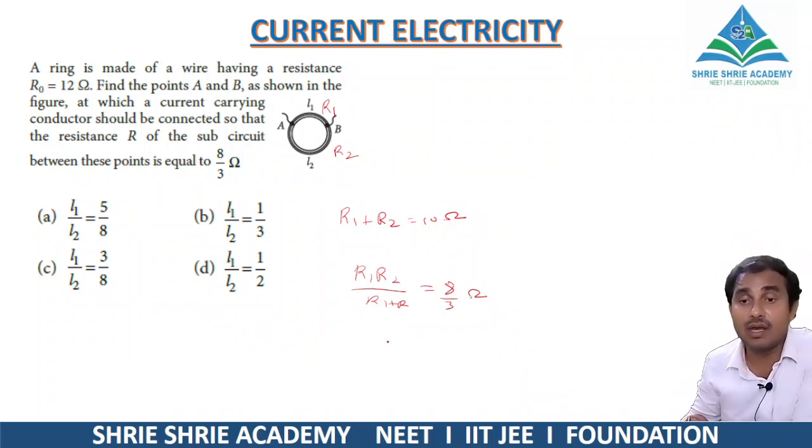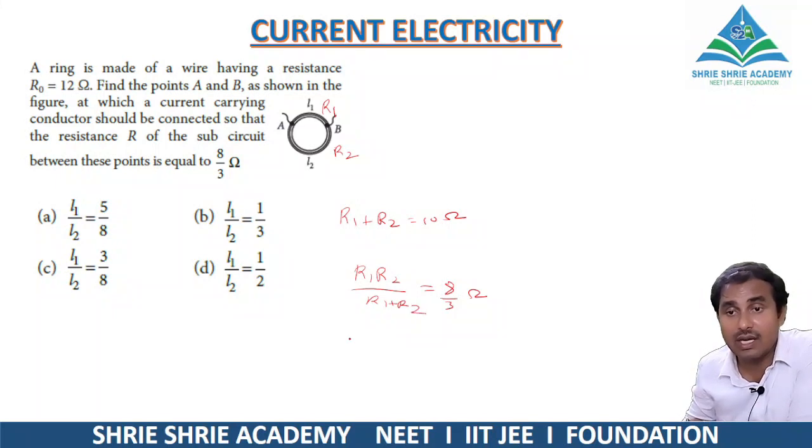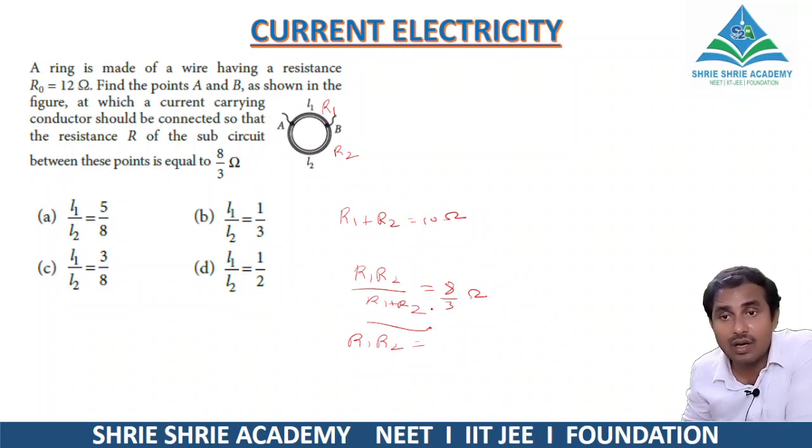Now from here you can get R1 R2, because R1 plus R2 is given to you as 12.